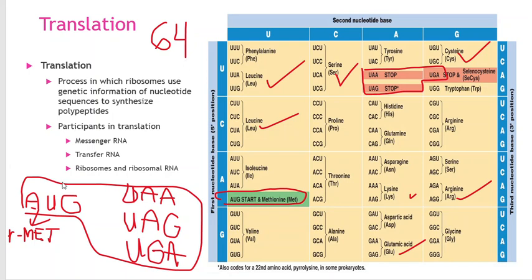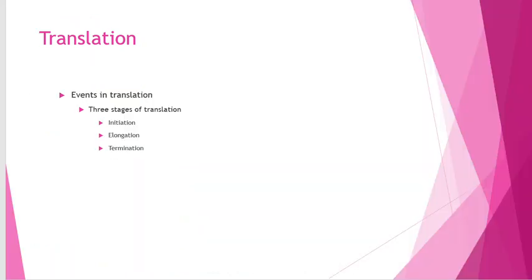Now, of those 64, 4 of them are taken up as special, the stop codons and the start codon, and the rest of them have to code for the amino acids. Okay, guys. Again, you don't need to memorize all of this, but these 4, the special codons, yeah, you do need to know that. Okay, let's move on.